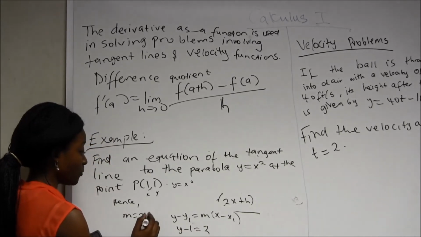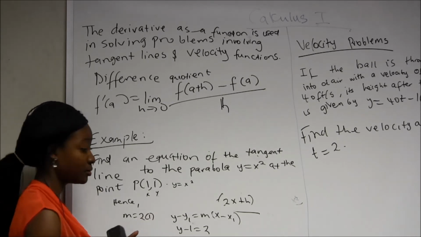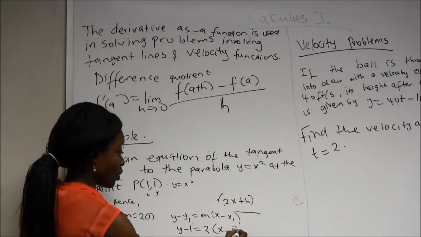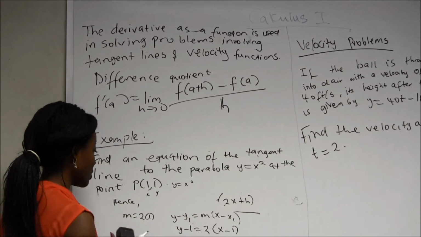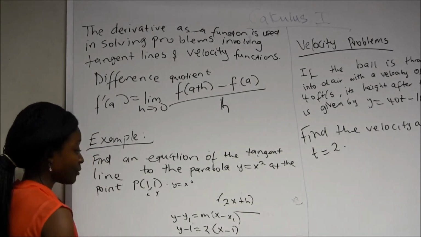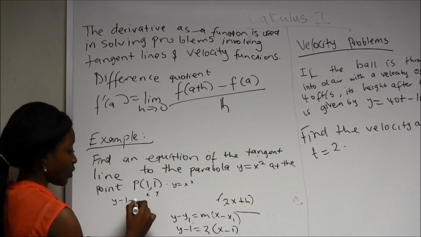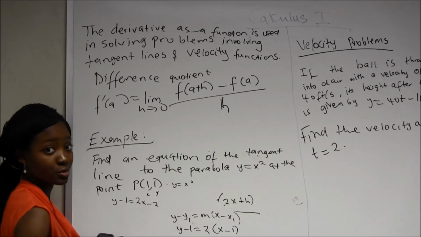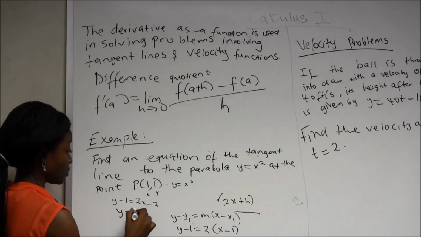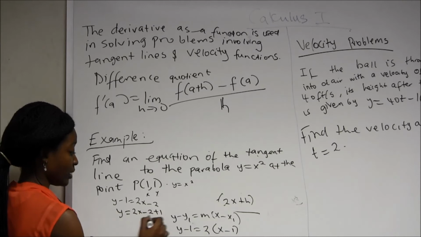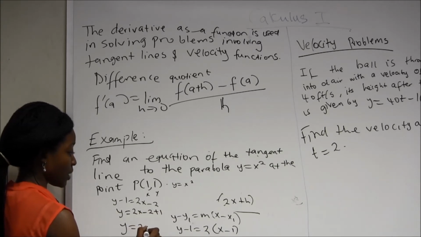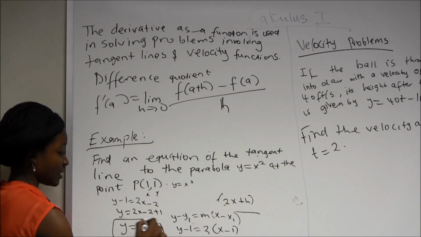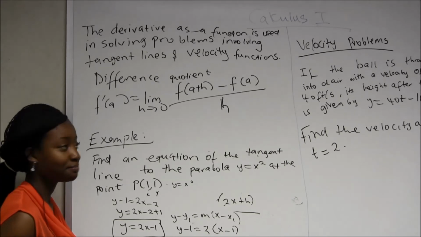I'm going to plug in 1 for x, and I have 2. And I have x minus 1. So basically I'm going to simplify my equation. So I have y minus 1 equal to 2x minus 2, and y equals 2x minus 2 plus 1. Hence y equals 2x minus 1. And this is the equation of the tangent line.